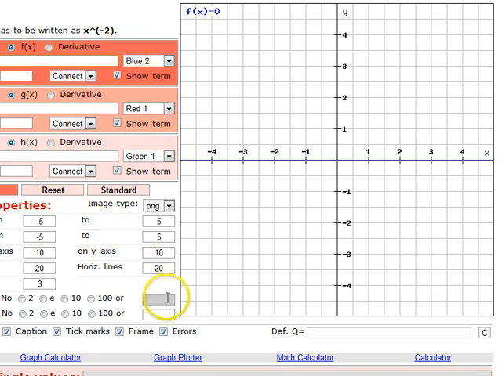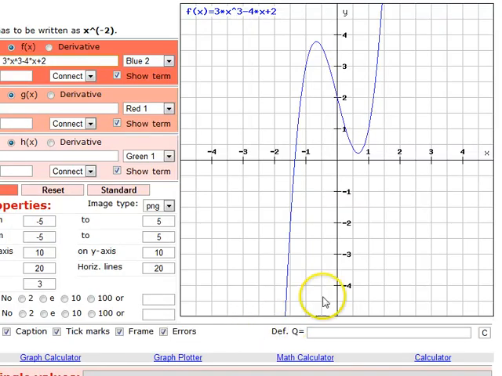What was it? 3 times x cubed, and it was minus 4 times x, yeah? Plus 2, wasn't it? Let's enter that.